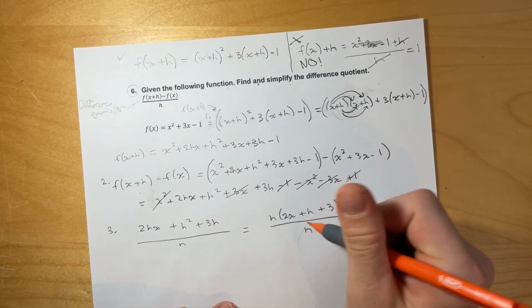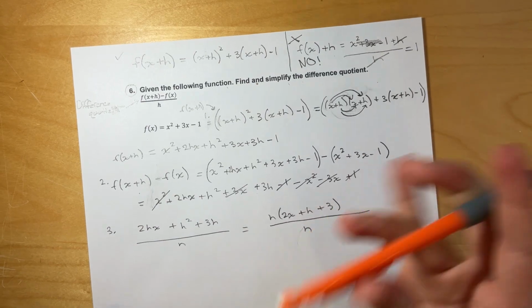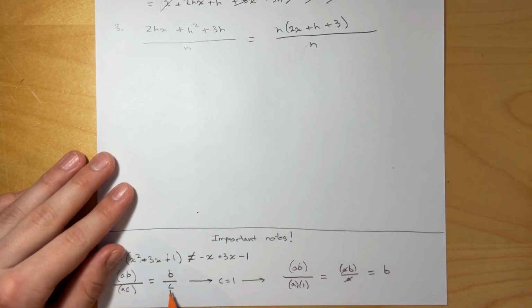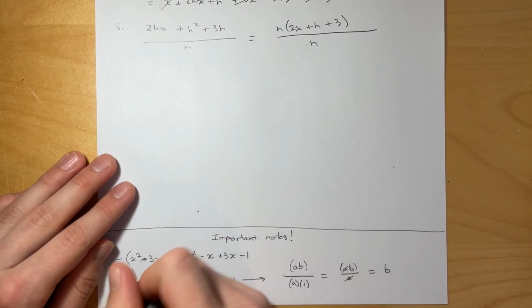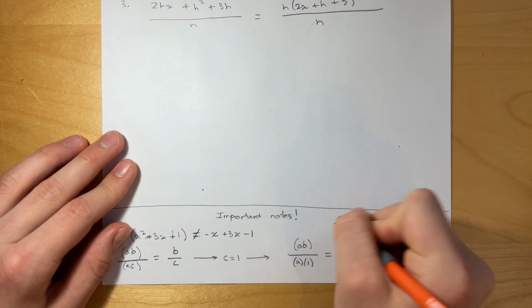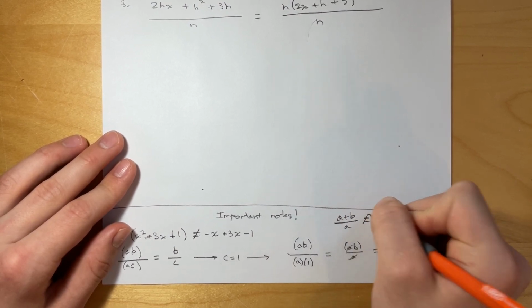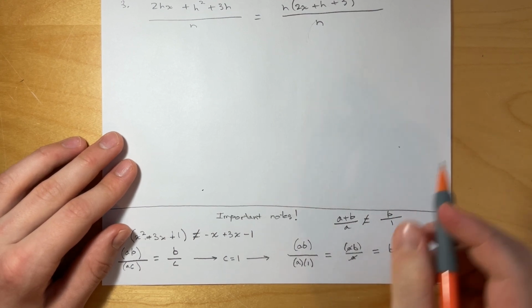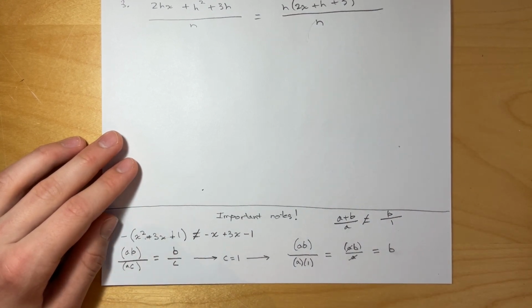So the reason we can cancel here is because of our rule. AB over AC equals B over C, because we cancel these A. This is a multiplying. But A plus B, for example, over A is not equal to B, because we're not able to cancel here.